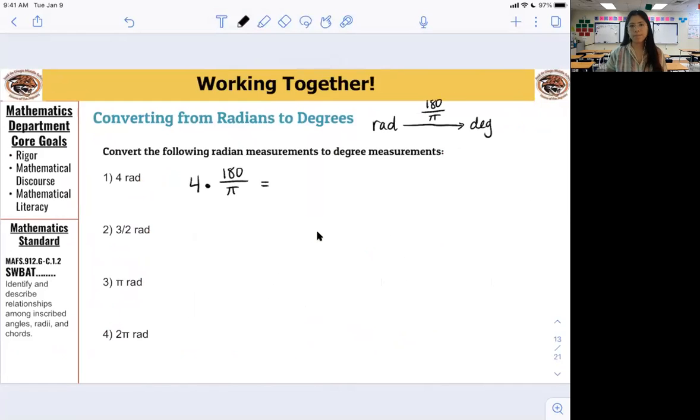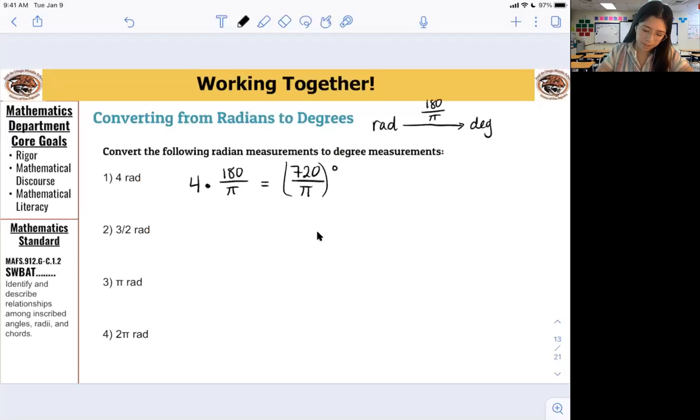What's 4 times 180? Oh, I did divide it. My bad. It's okay. 720. So this is 720 over pi degrees.